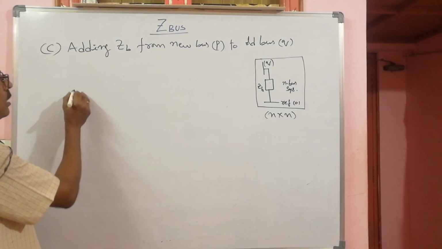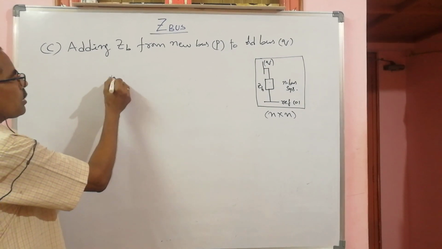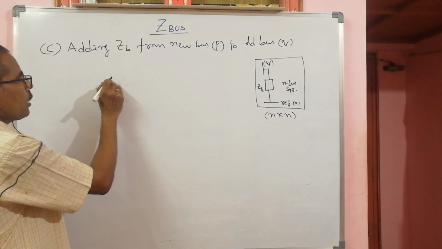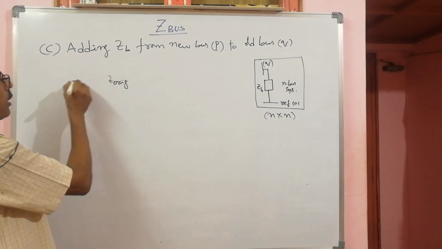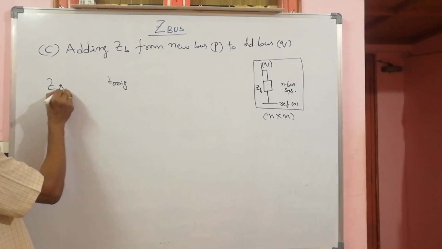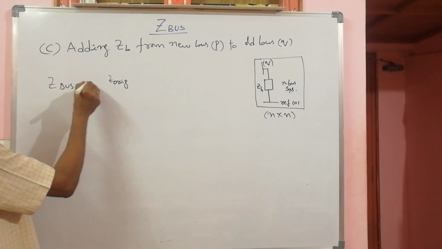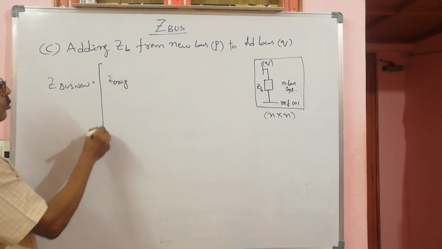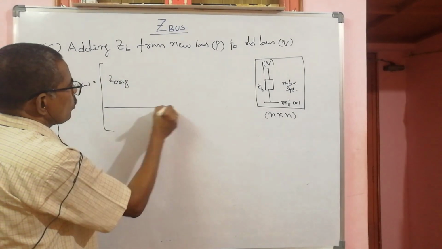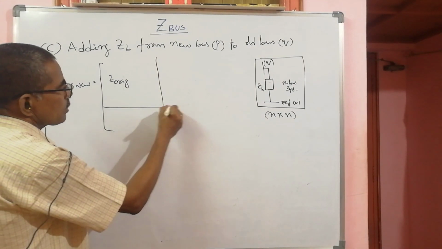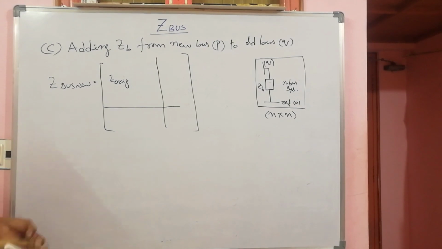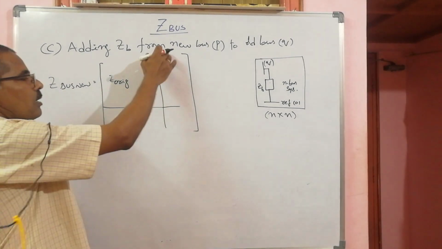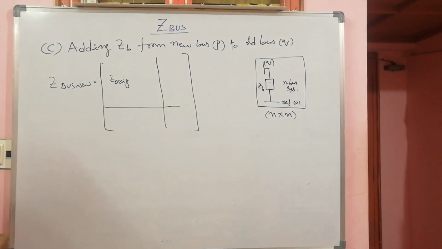Only thing is the Z bus original is to be modified to Z bus new. So Z bus old remains as it is, and temporarily you add a column and a row.